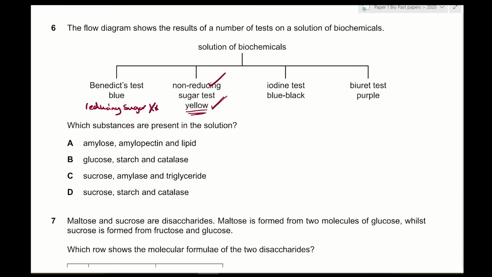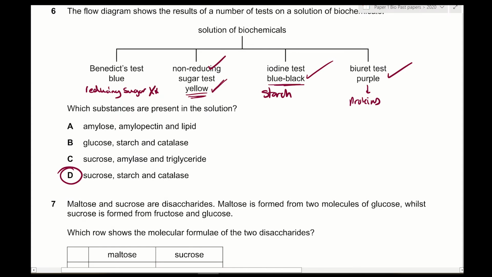Now, for iodine test, it turned from almost a brown color to blue-black. Therefore, it is a positive test for starch. And Biuret test, which turned purple, is a positive test for proteins. Therefore, non-reducing sugars, starch and proteins are present, and the answer is going to be D.